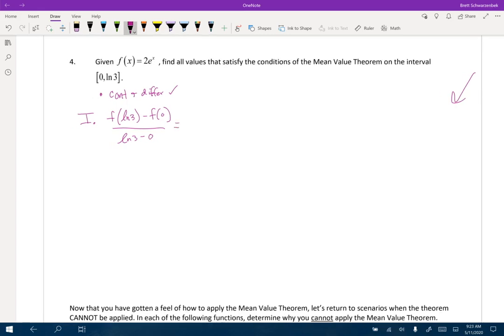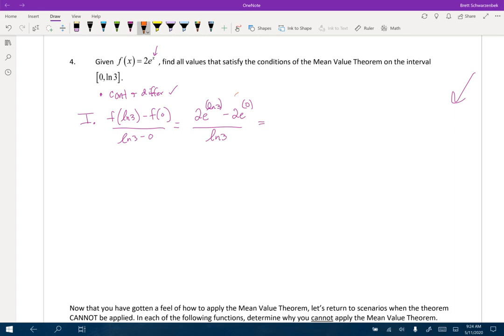So if we plug in these values, what are we going to get? We're going to get 2e to the natural log of 3 minus 2e to the 0. So all we're doing is plugging in for x. And then on the denominator, we're just going to get natural log of 3. Okay, if we do the math here, remember e to the 0 is 1, so we know that this right here is 2.